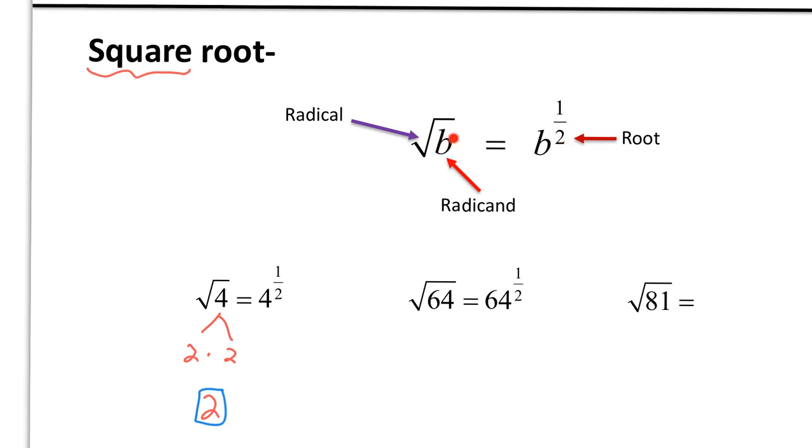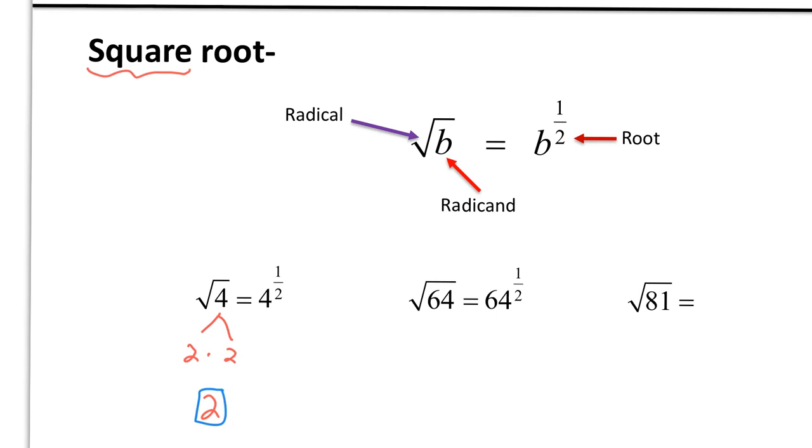Now, the radicand, the number inside of the radical, when you change that to an exponent, becomes the base of the exponent. The number on the bottom of the fraction, so here's the exponent 1/2, this number 2 is the root that you are looking for. So if you have a 2 as a denominator, you are looking for the square root.